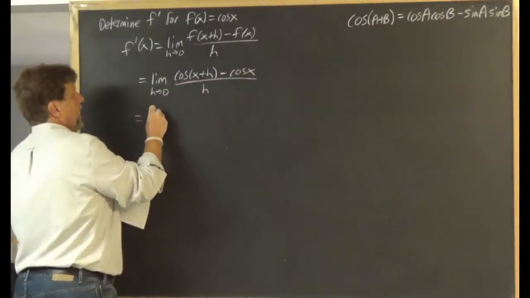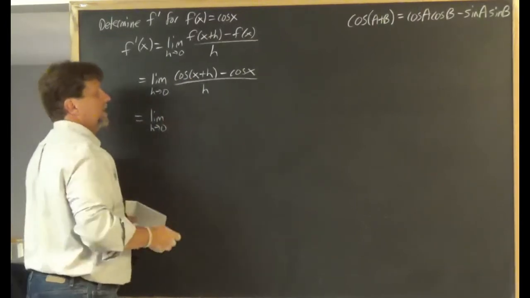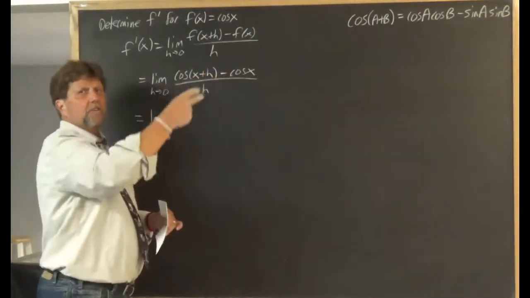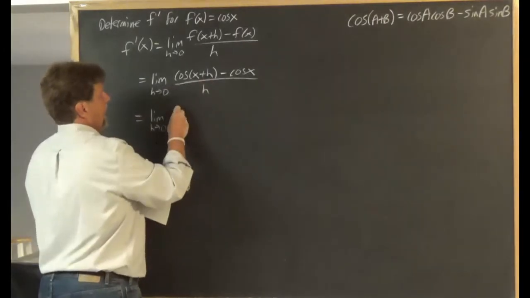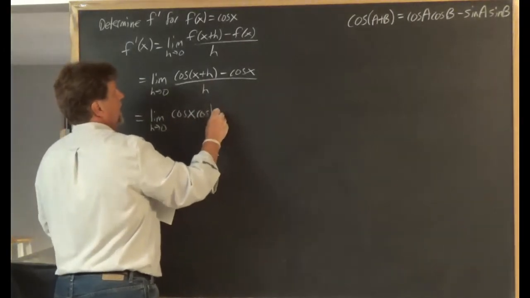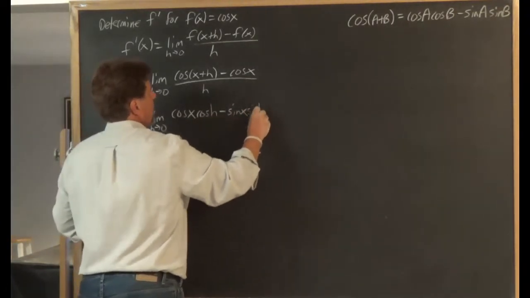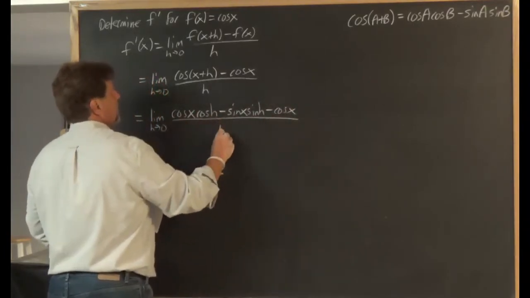And then here's where that trig identity over there comes in handy. Cosine of x plus h. I mean, x is in place of a, h is in place of b, so the cosine of x plus h is cosine x, cosine h, minus sine x, sine h. And then we have a minus cosine x still tagging along.